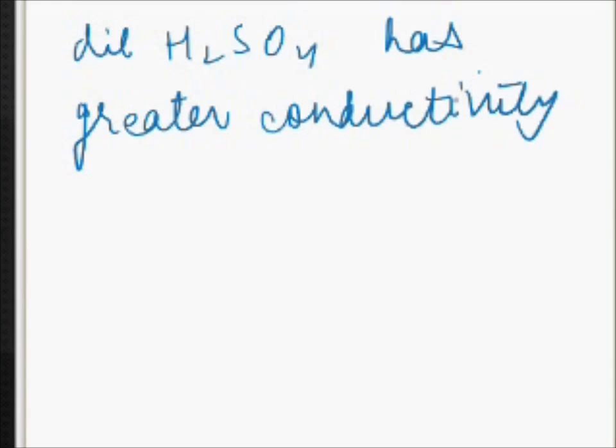This is the reason why dilute sulfuric acid is stronger acid than concentrated acetic acid.